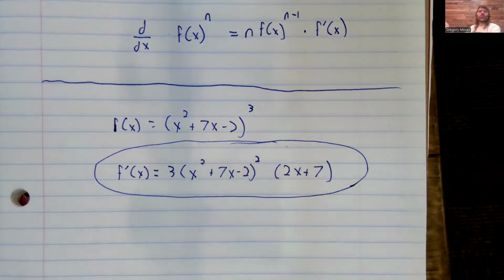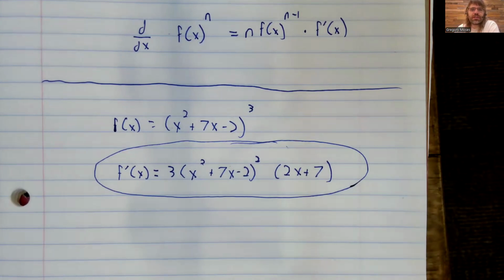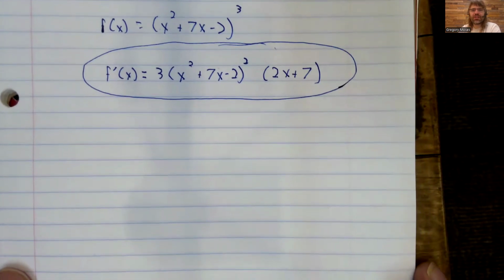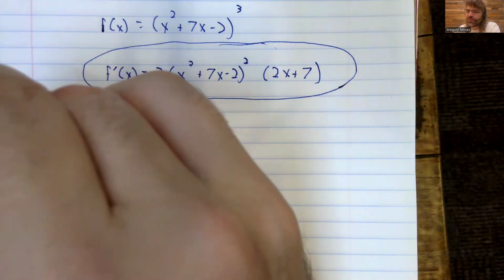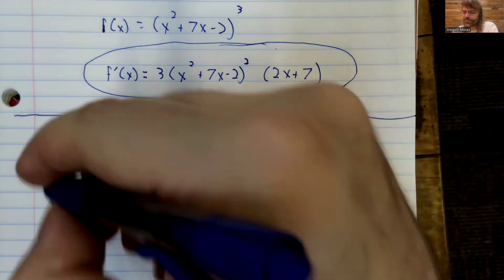No muss, no fuss, no messing around trying to figure out what the inside and outside functions are. It just is very mechanical, which is often nice. It's often nice to not have to think about a lot of things and just proceed mechanically.